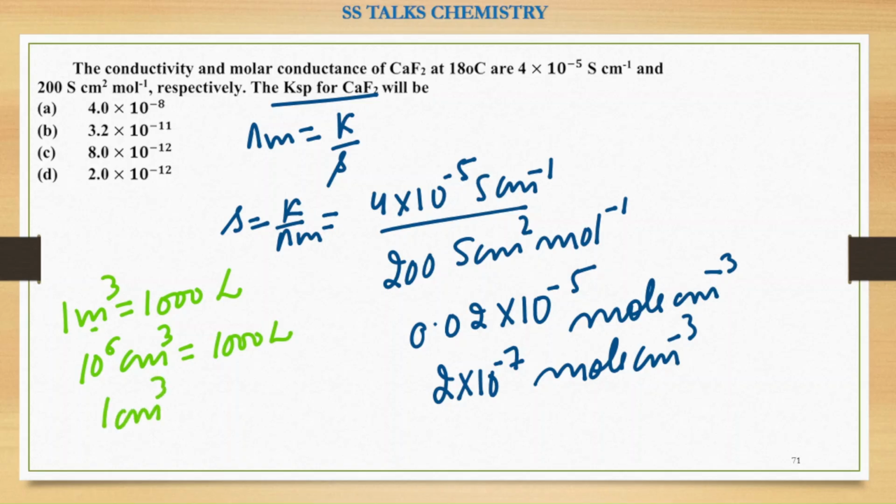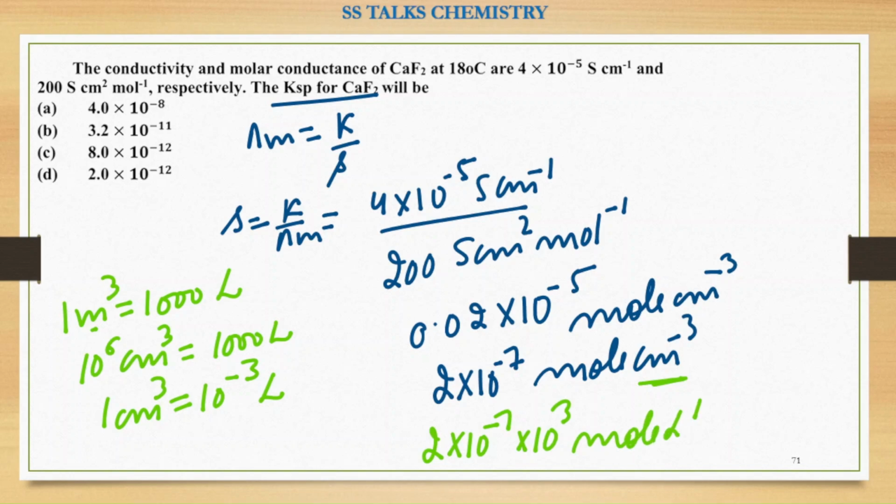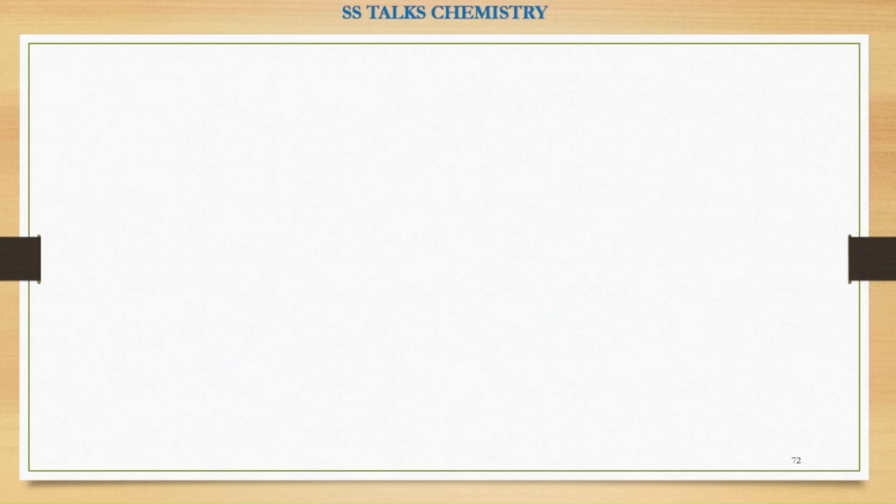That means 1 centimeter cube is 10 raised to the power of minus 3 liters. Just substitute this per centimeter cube value, that is 10 raised to the power of 3. So 10 raised to the power of minus 7 into 10 raised to the power of 3, this is in moles per liter. So the value we will be getting is 2 into 10 raised to the power of minus 4. This is the molar concentration.